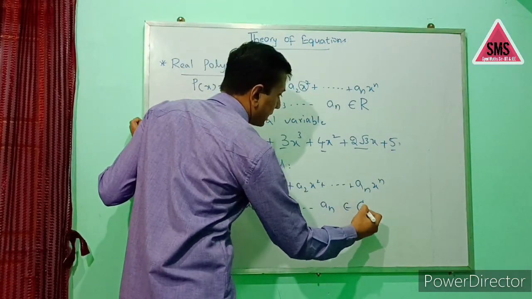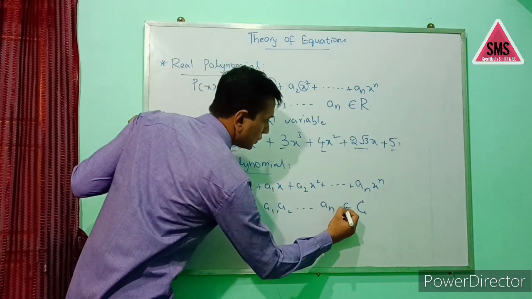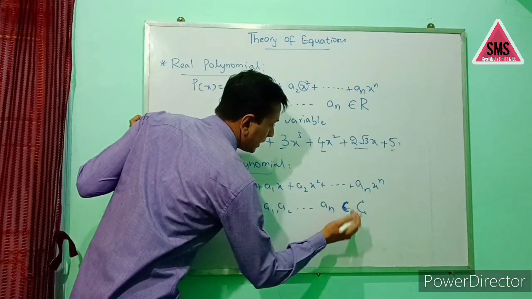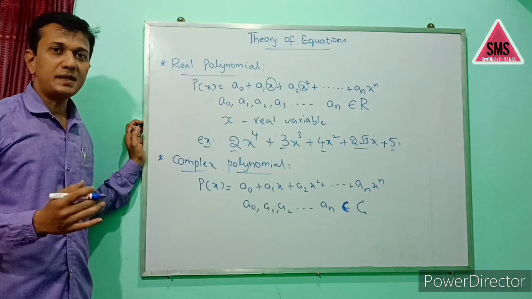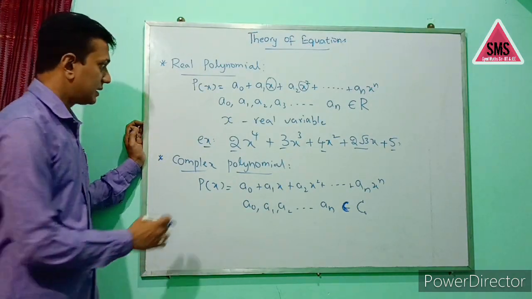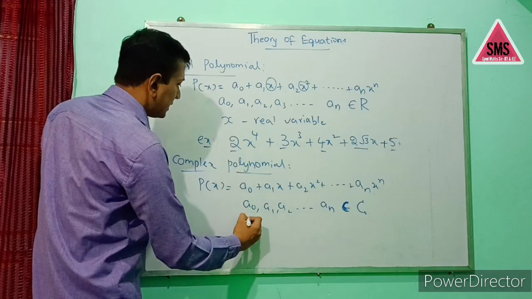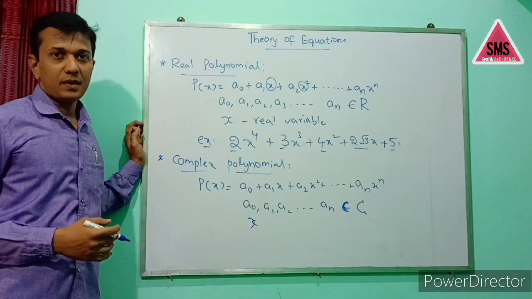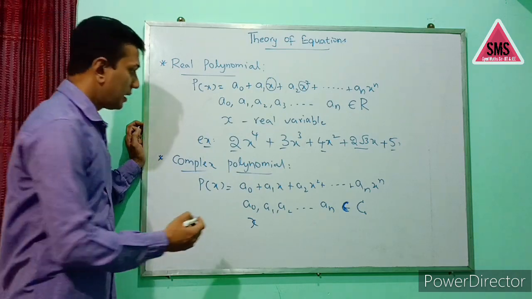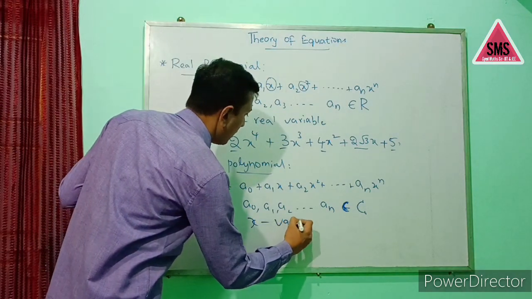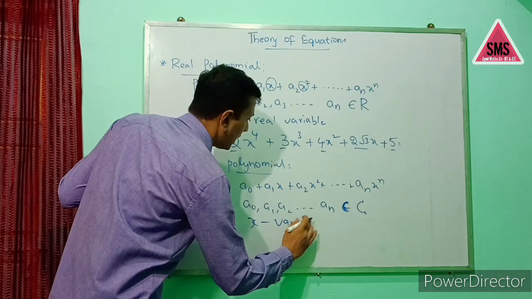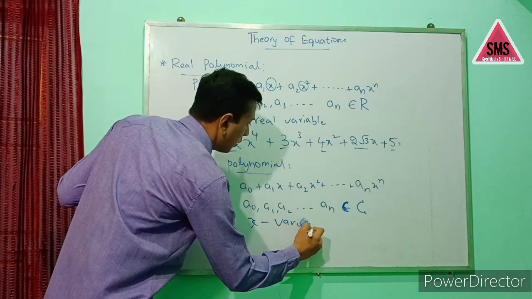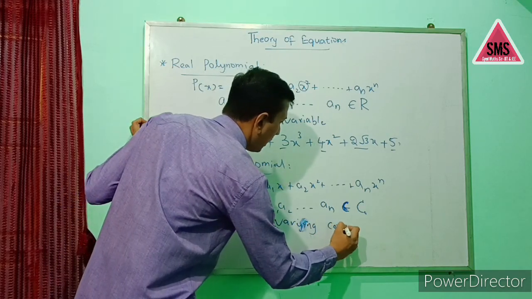They belong to complex numbers. That means they are complex coefficients. Similarly, x is a complex number which is varying, or a variable complex number.